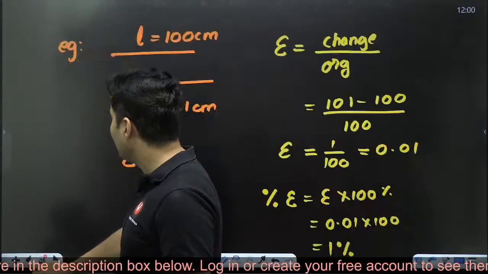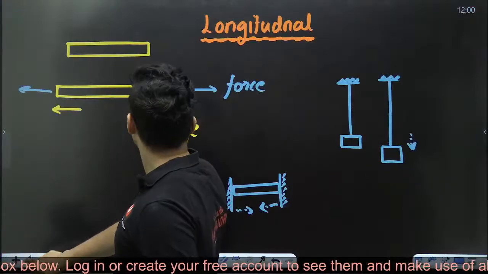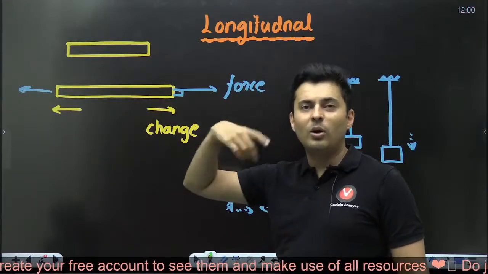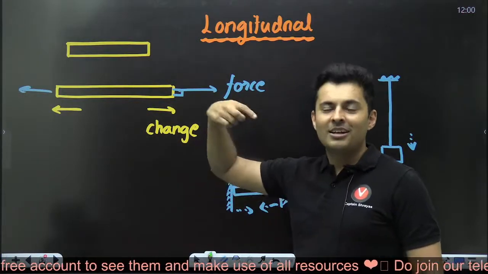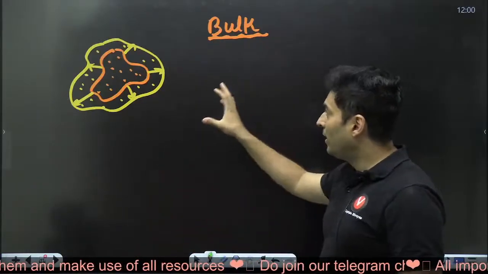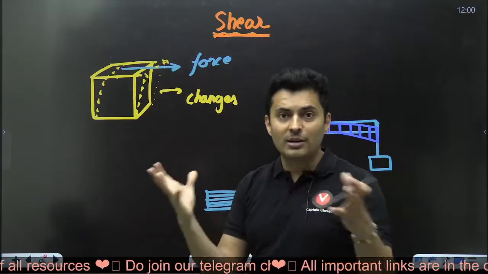Now remember, there are 3 kinds of deformation that we saw. What were those 3 types? First was longitudinal. So we naturally should have longitudinal stress, longitudinal strain, longitudinal modulus of elasticity. Then we saw bulk modulus also, and then we saw also shear modulus. We saw shear deformation.